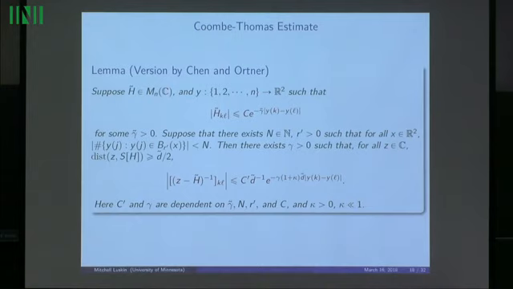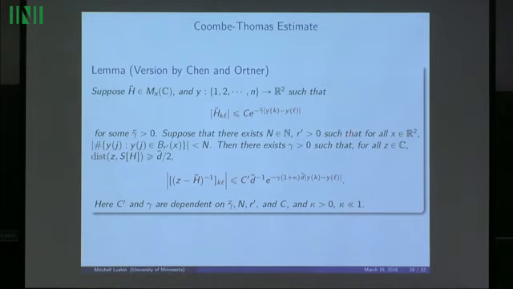K and L can be your lattice points, and Y is some kind of deformation, or you can let Y of K be K. It just says that if the off-diagonal elements of your matrix decay exponentially as K minus L grows, then the off-diagonal elements of the resolvent also decay exponentially. That's the main Combes-Thomas estimate that we need to prove everything.